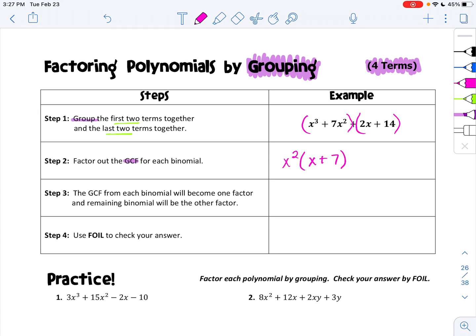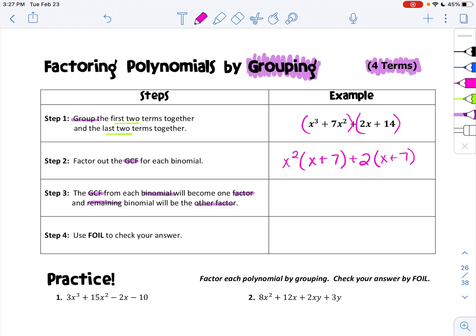Then we factor out the GCF in the second set. The GCF of 2x plus 14 is 2. And what we have left is x plus 7. After you factor out the GCF in both binomials, the GCFs become one binomial, while your remaining binomial becomes the other factor.